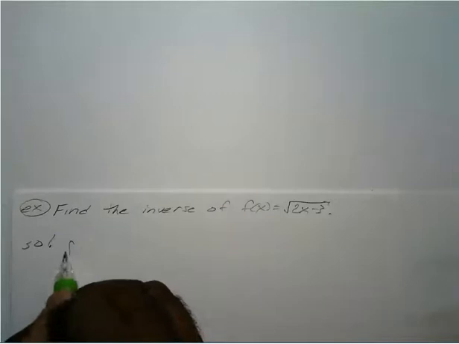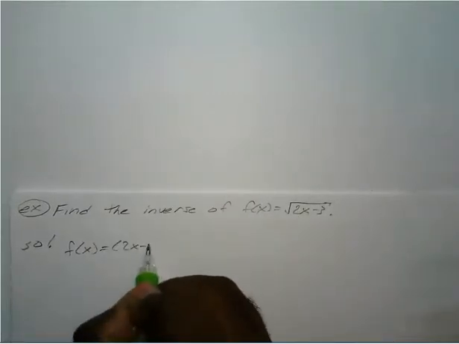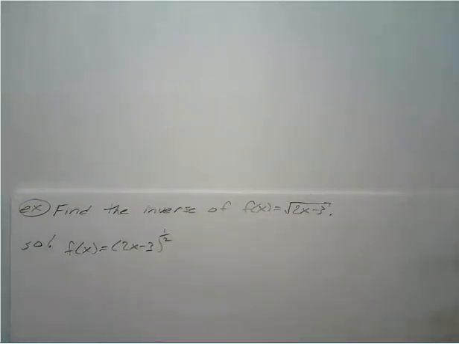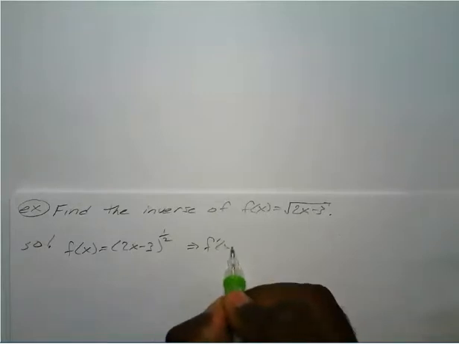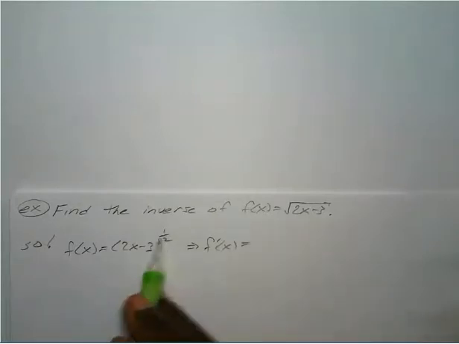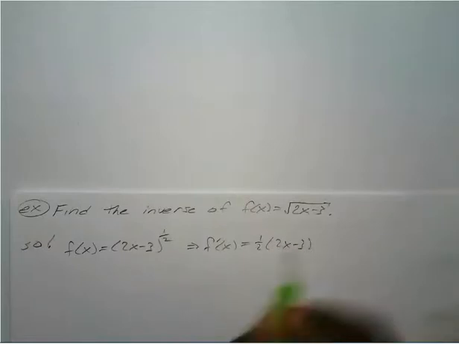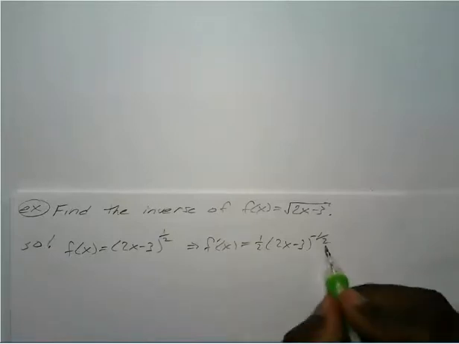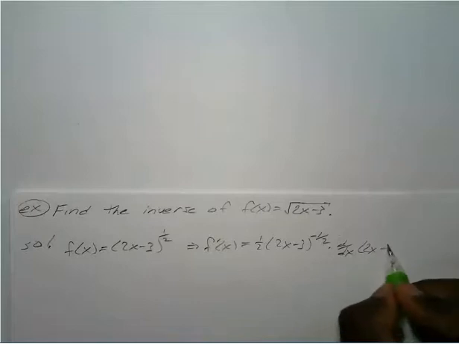So we know that f of x, we can actually rewrite that to be (2x minus 3) to the 1/2 power. Which means our derivative f prime of x is going to be 1/2 times (2x minus 3), and we subtract 1 from there, so we have negative 1/2, times the derivative of what's inside, or of our 2x minus 3.